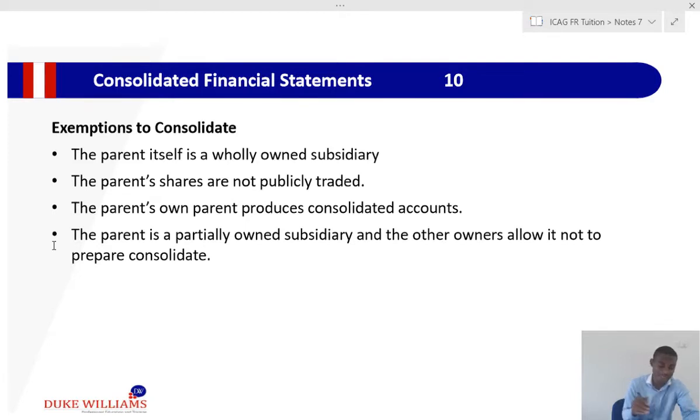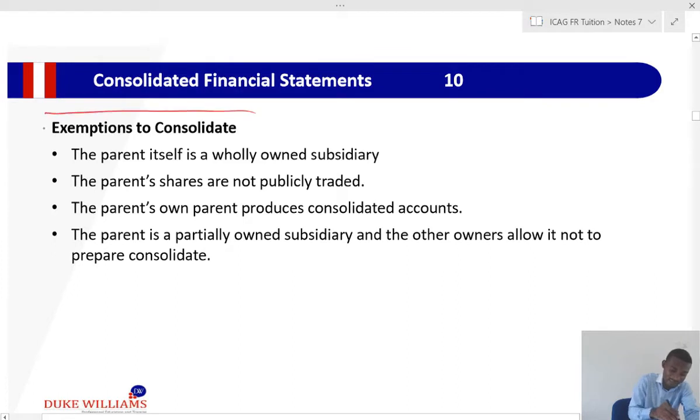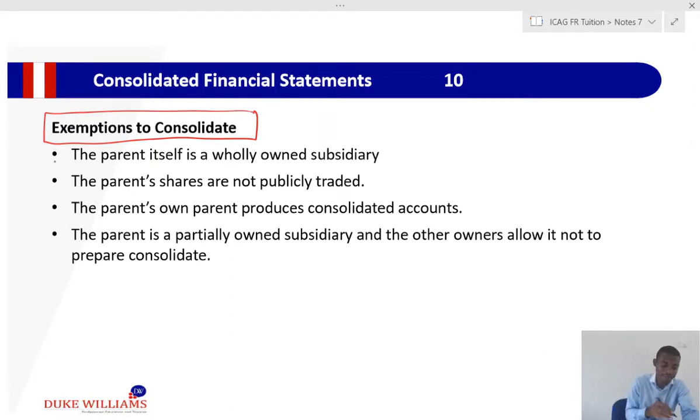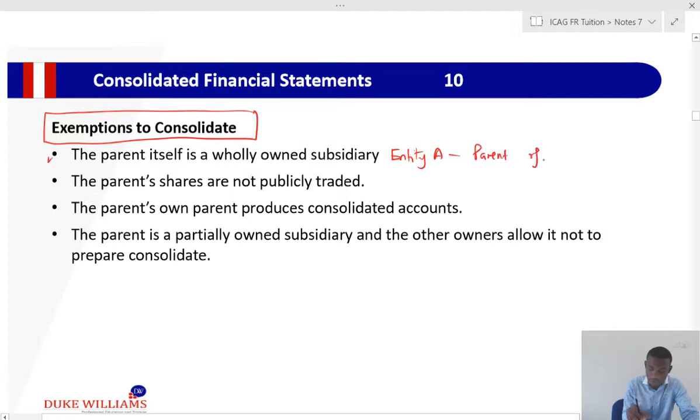And we say they are exemptions that A can apply even though they are required to consolidate. The first point is that if the parent is a wholly owned subsidiary, what does it mean? It means that entity A is the parent of entity B.